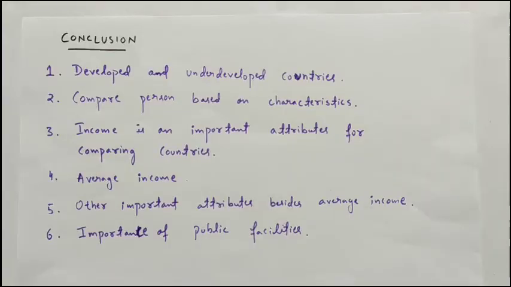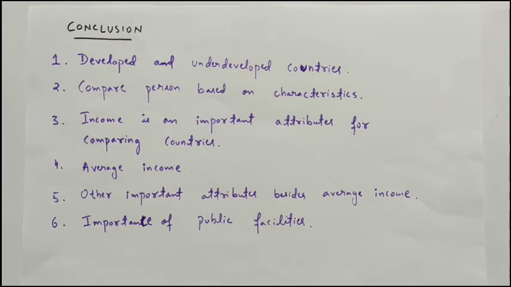We have already learned all of these topics in today's class. They were developed and underdeveloped countries. And to compare a person, we have taken one or more important characteristics, on the basis of their ability and capacities they have. We have also seen that income is an important attribute for comparing countries.